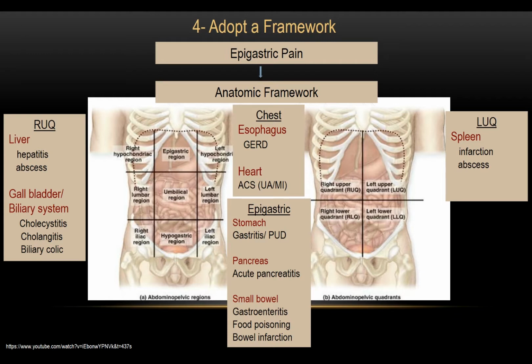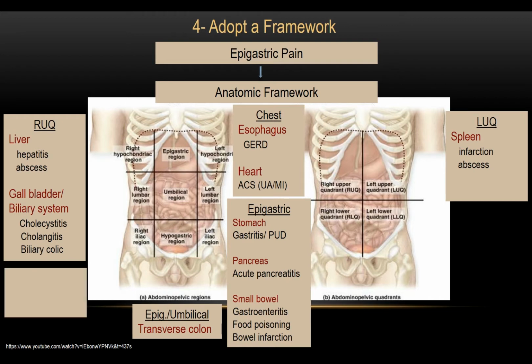What else? Maybe it's coming from a little bit lower down, umbilical, not very highly likely, like the transverse colon. And if you want to have this framework very comprehensive and complete, you can include the right lower quadrant. Maybe it's coming from appendicitis, although commonly appendicitis will result in lower abdominal pain.